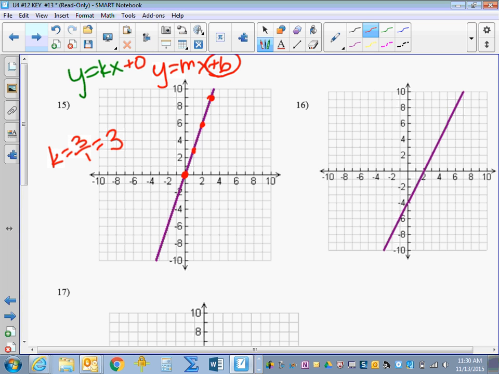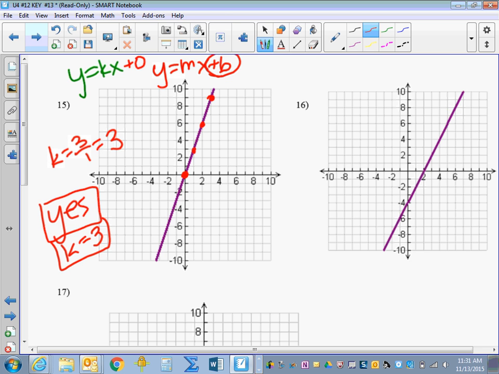You'll notice that whenever we have a line like this, we end up having the same slope each time, because that's what makes it a line. Alright, so I know 15 is indeed a direct variation. And my k value is simply my slope. K is up 3 over 1, so 3 over 1, which is indeed 3.